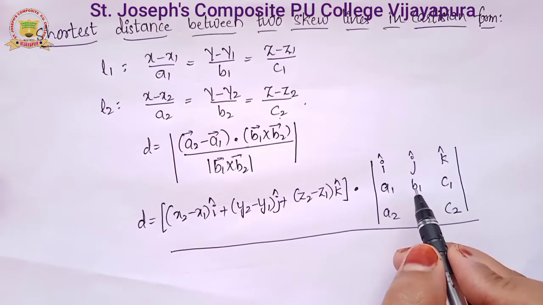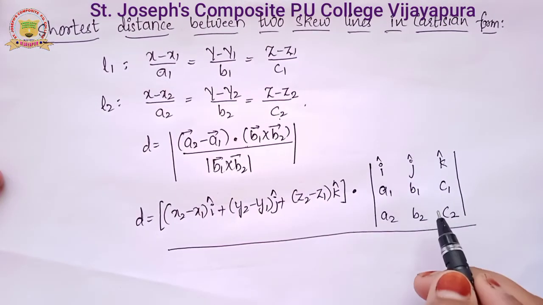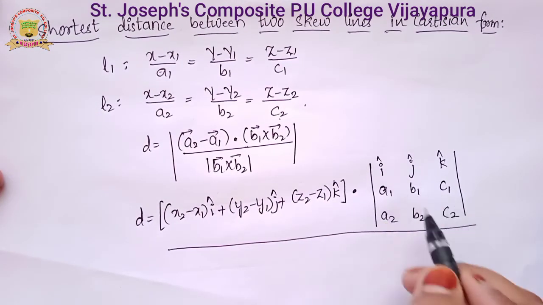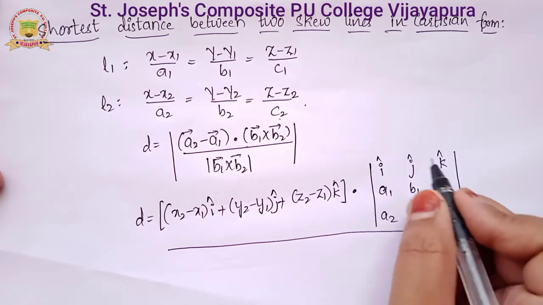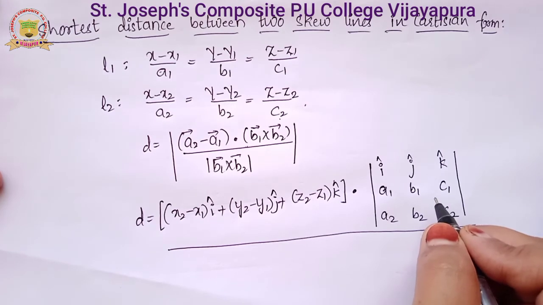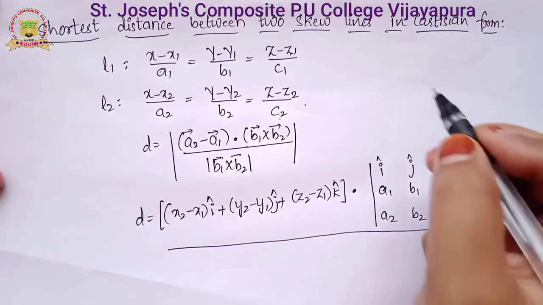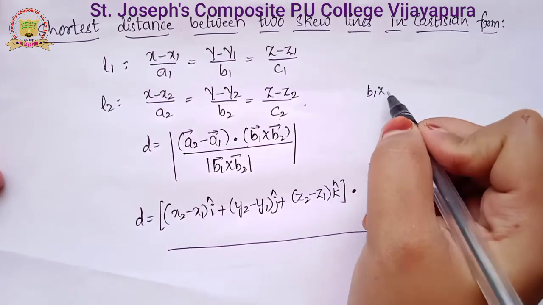This is b1 cross b2. Then how to find its magnitude? First find its determinant, that gives you b1 cross b2. I will write here the b1 cross b2.